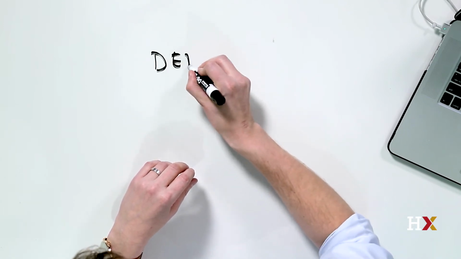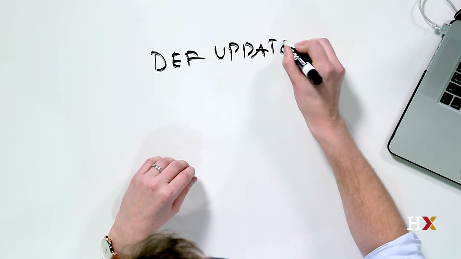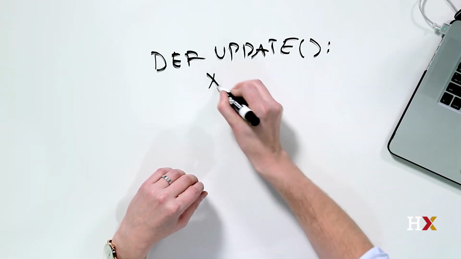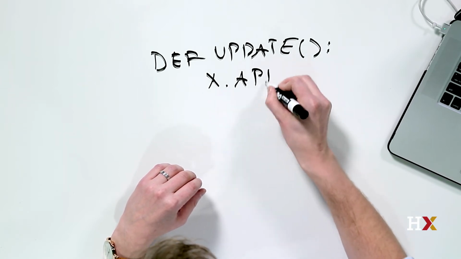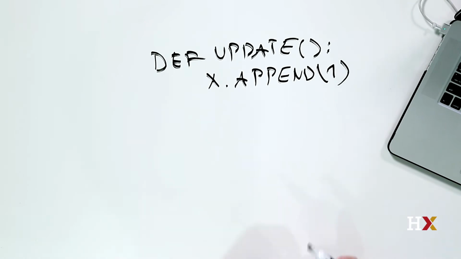Let's practice scope rules first by defining a function called update that has no parameters. def update(): x.append(1).